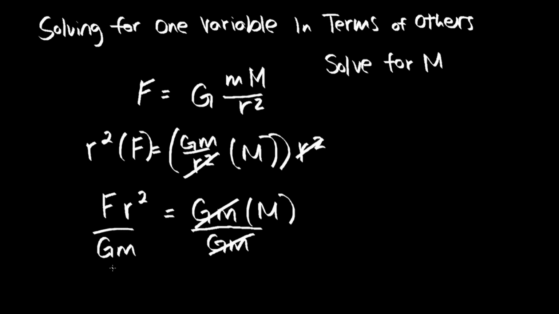And so, running out of space here, that is equal to our capital M. This variable that we wanted to solve for, we were able to do it with just a couple of steps, just by treating these other variables as we've done with constants so far.